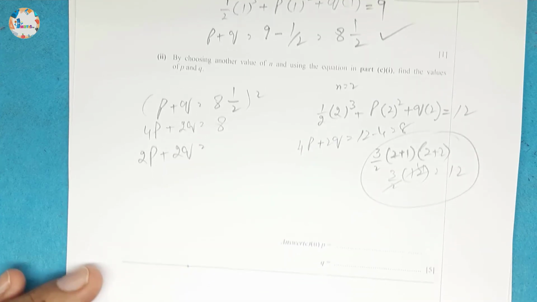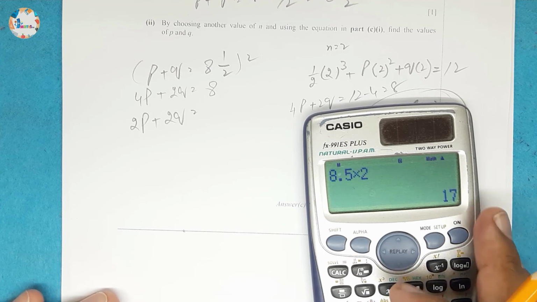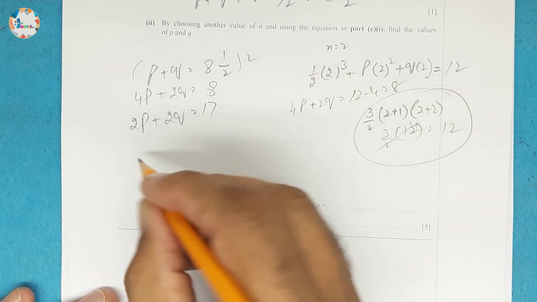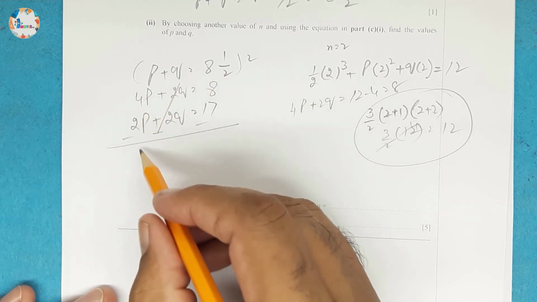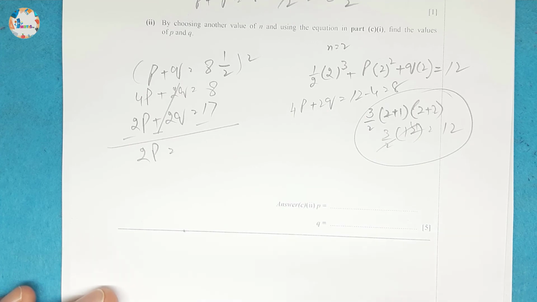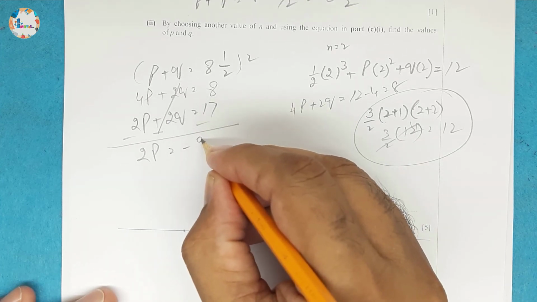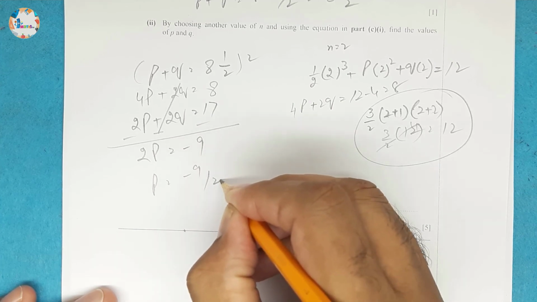So 2p plus 2q is equal to 8.5 multiplied by 2, which will be equal to 17. Now we can subtract. After subtraction, this will be cancelled. So this will be 2p is equal to 8 minus 17, which is minus 9. So p will be equal to minus 9 by 2.